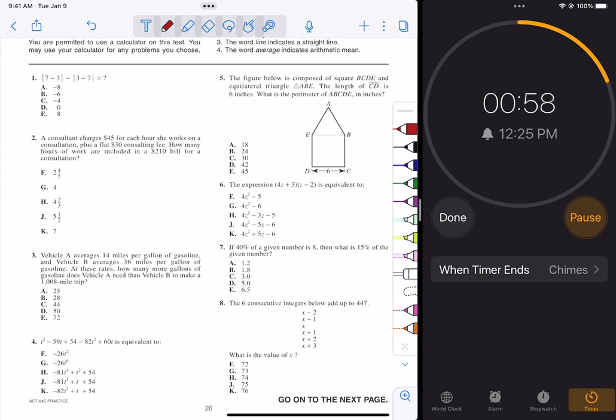You have 1 minute. I know some of you are starting to get done at this point. That's a good sign. If you're not getting done with these, you need to step it up a notch as far as how fast you're working.